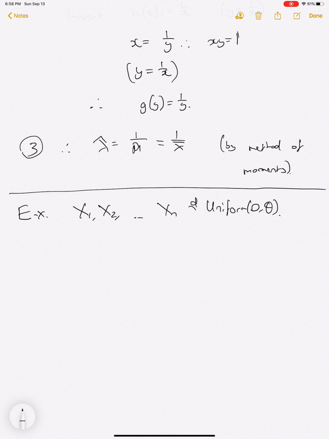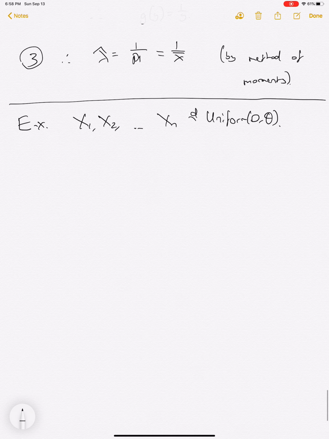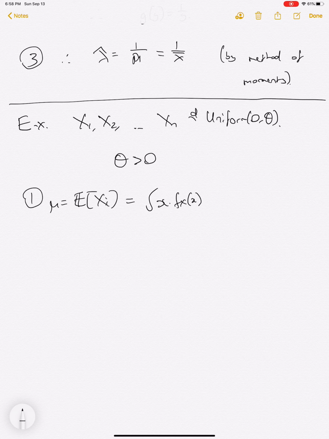So now let's look at x1 through to xn distributed uniform 0 theta, and we have the additional constraint that theta is bigger than 0 to make this a valid PDF. So mu equals E of Xi. You can either look this up, or we can see how the integral looks. The integral is just going to be x times f of x, because it's a continuous random variable over the range.